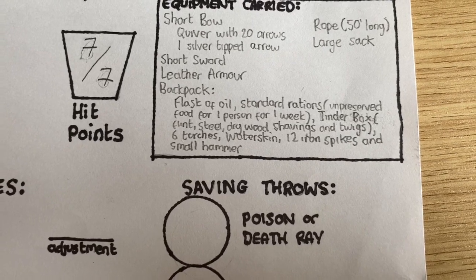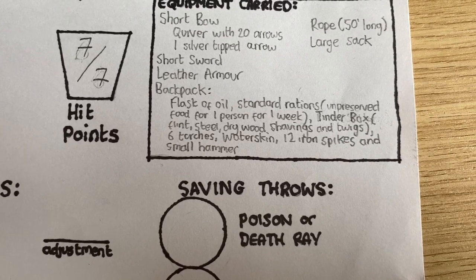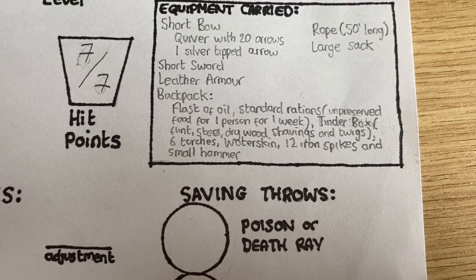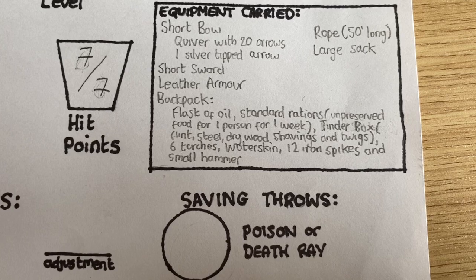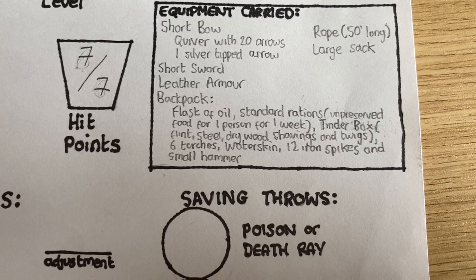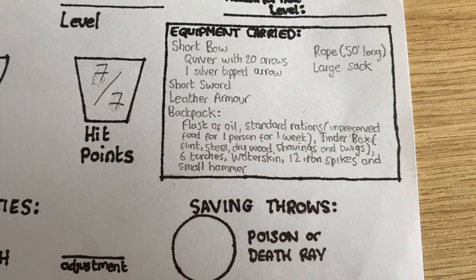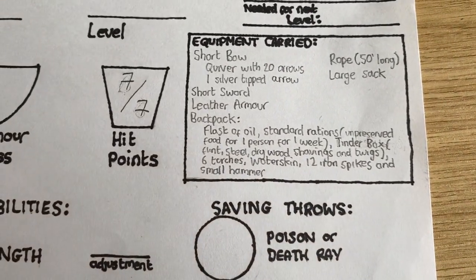I also bought 6 torches, a water skin, 12 iron spikes and a small hammer, and I also bought 50 feet of rope and a large sack. So that's the equipment that I will be starting my solo campaign with.